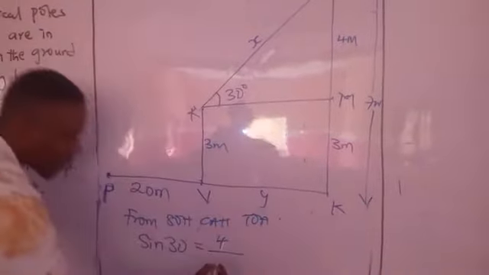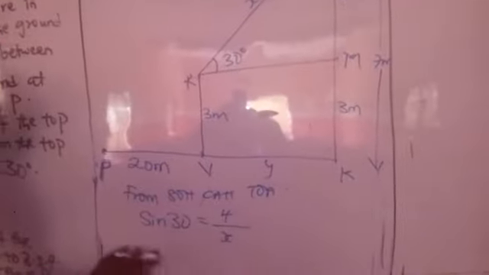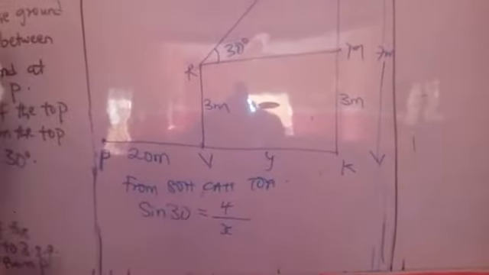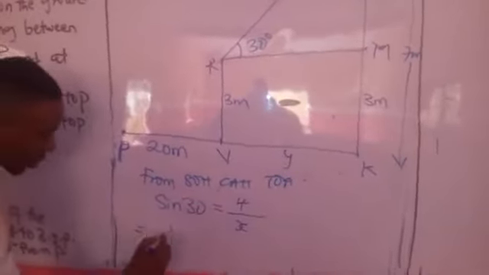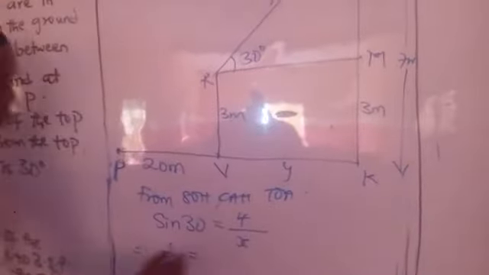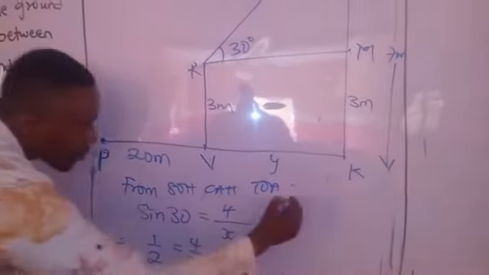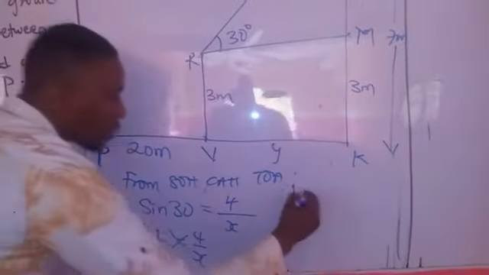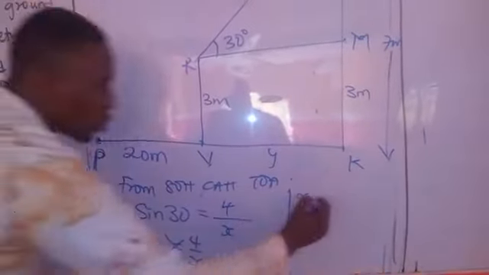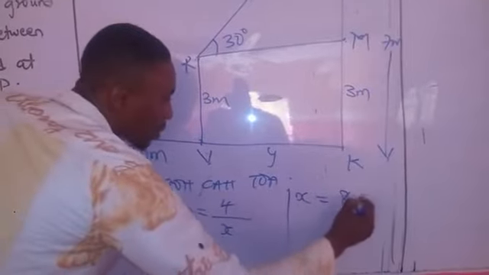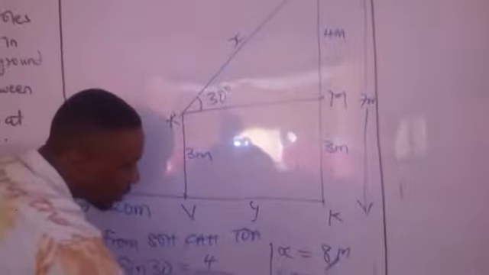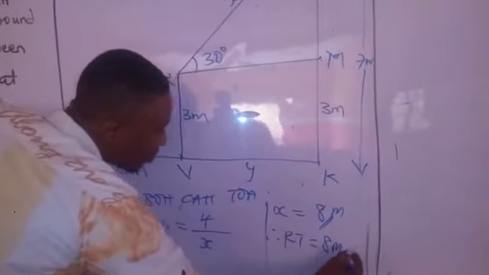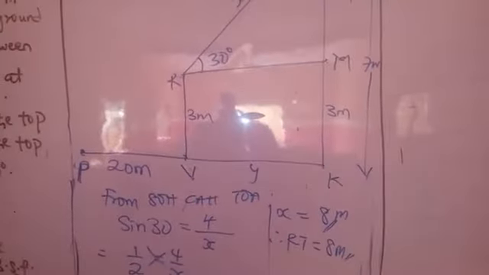Hypotenuse is our X. So sine 30, which is 1 over 2, equals 4 over X. When we cross multiply, 1 times X gives X, and 4 times 2 is 8. So our RT is equal to 8 meters. So that's the answer to our first question.